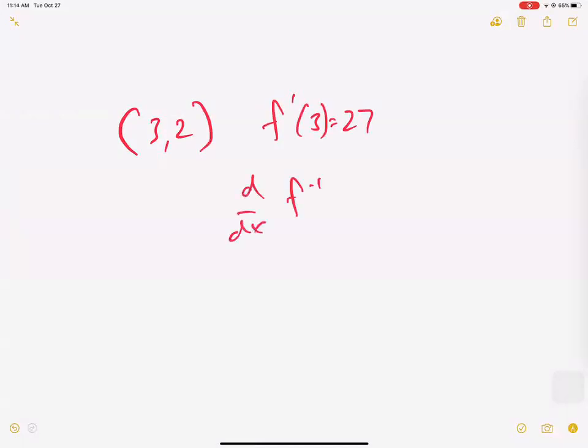Last point. If I give you a problem, 3, 2, and f prime of 3 is equal to 27, and then I ask you, find the derivative of the inverse of 2. All you have to do is write 1 over the derivative of the original, not at 2, but at the inverse of 2.